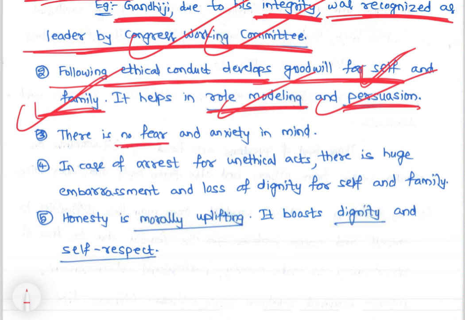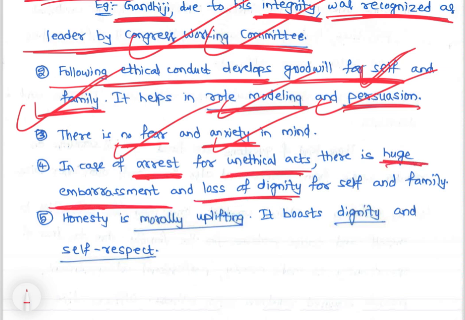Then there is no fear and anxiety in mind. When you work on the lines of ethics, on the lines of rules, there is nothing to fear. So there is no fear and no anxiety in mind. So then in case of arrest for unethical acts, there is huge embarrassment and a loss of dignity for self and family.